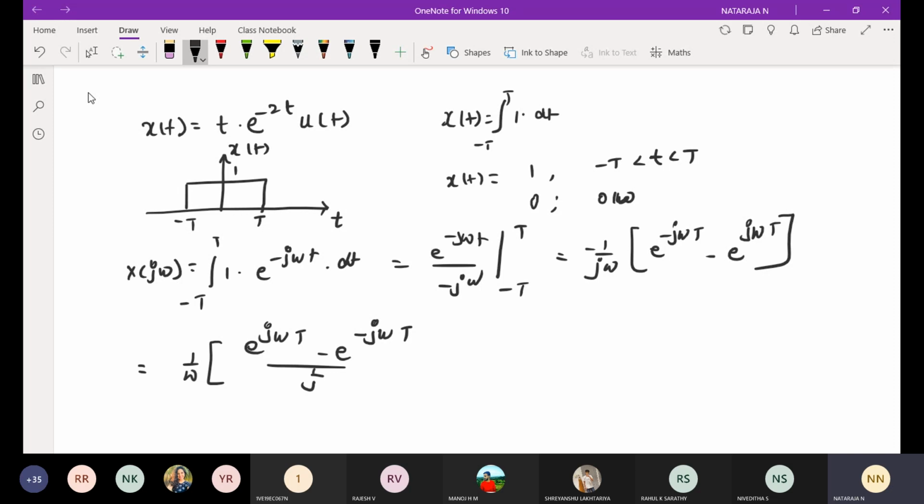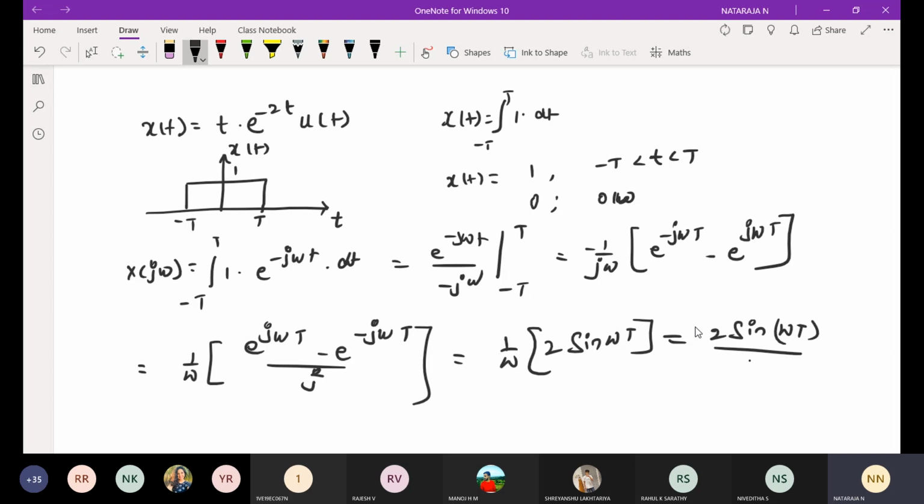Then I can write this with respect to 1 by omega into e power j theta minus e power minus j theta in terms of 2 sin omega T. This I can also write as 2 sin omega T divided by omega.